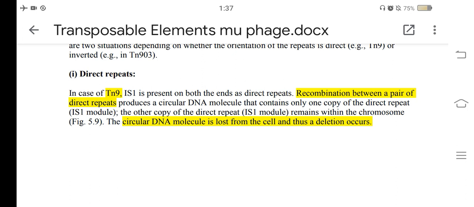Recombination between a pair of direct repeats produces a circular DNA molecule that contains only one copy of the direct repeat. The other copy of the direct repeat remains within the chromosome. The circular DNA molecule is lost from the cell, and thus a deletion occurs.